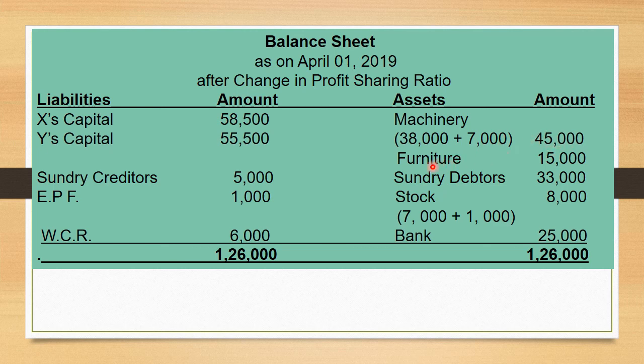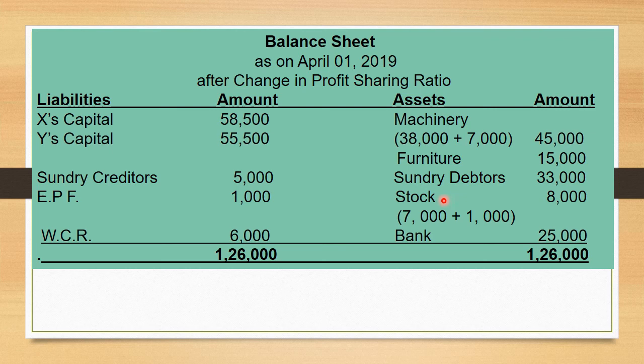Next, furniture. Again, furniture is also given to us in balance sheet, and that was of rupees 15,000. So we just copy it from there. Next, debtors. Again, we will write them as it is, 33,000. Stock. There was one adjustment related to treatment of stock. As per that adjustment, stock is to be increased by rupees 1,000.